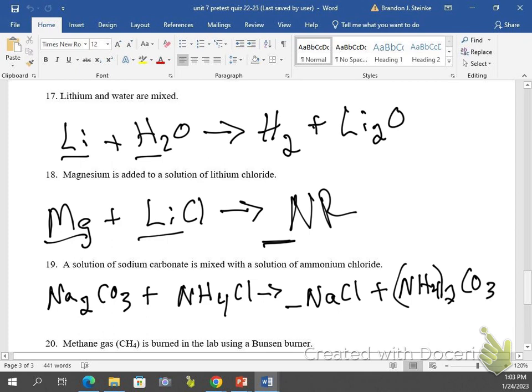Some of you left that, and I counted it wrong because you need AQ. There's both aqueous. Some of you did that, and I counted it wrong because what you didn't write was an R. This is a no reaction because both of those form an aqueous solution.